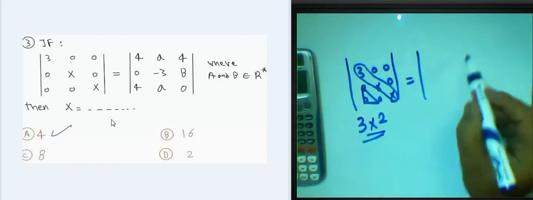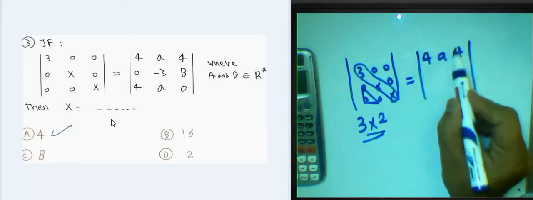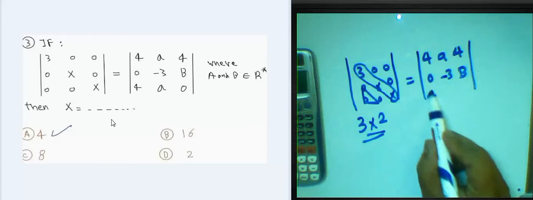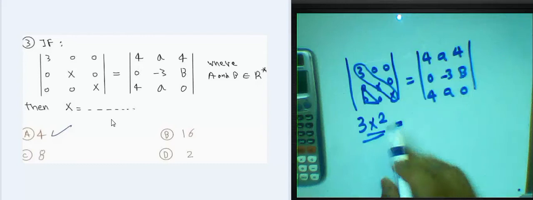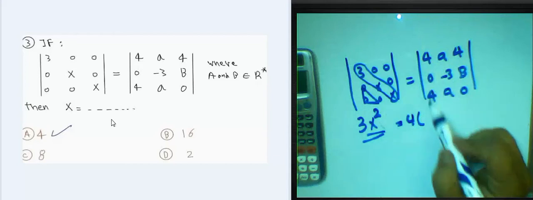The second determinant here: 4a, 4, 0 and negative 3, b, 4a, 0. We can solve this example. We have here 3x power 2, and here we can write 4 and cancel row and column.